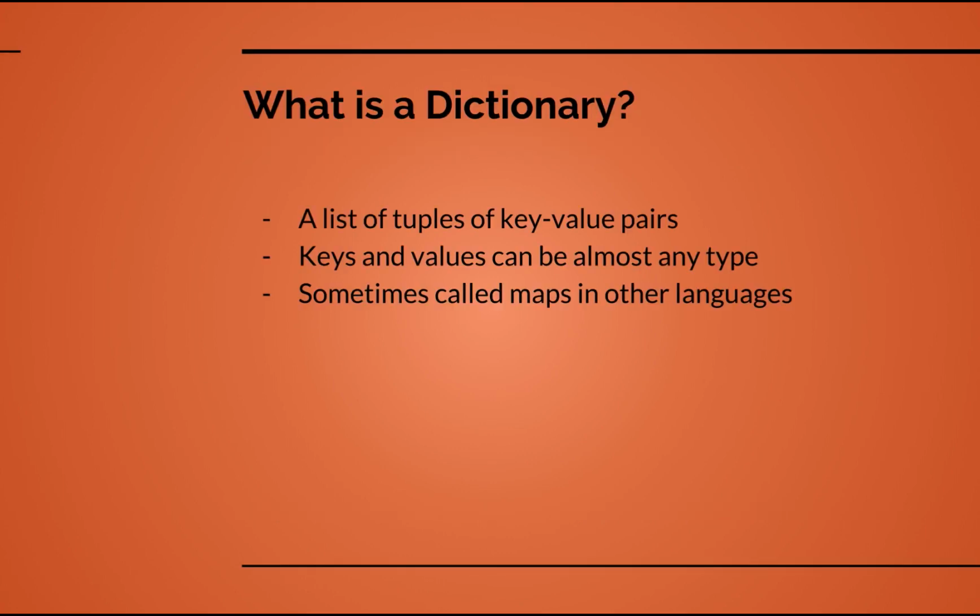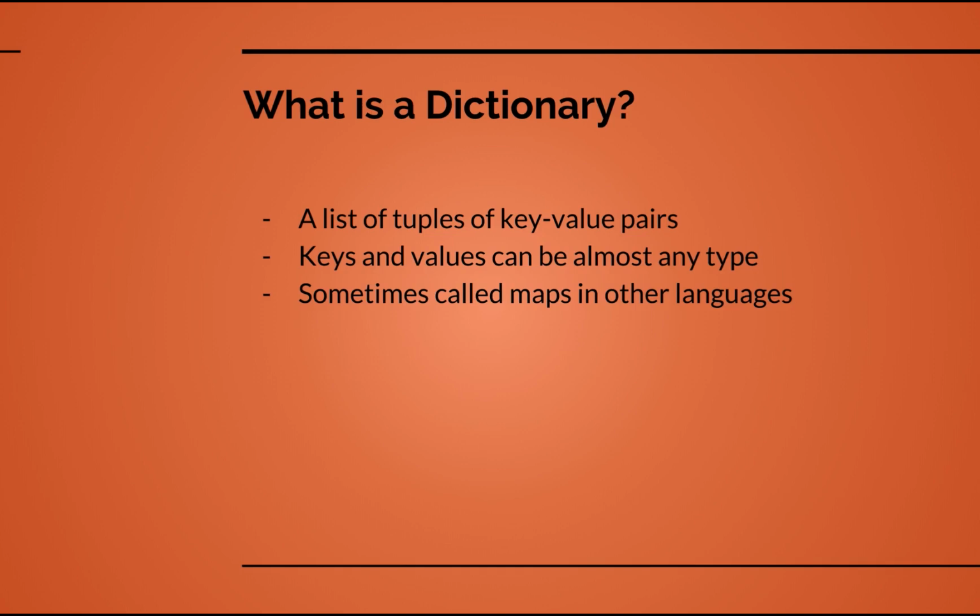So for starters, what is a dictionary from a programming point of view? A dictionary is not so different from a list that we've seen previously, but each of the list elements is replaced with a key value pair. So instead of just having one value at a specific index, like with a list, we actually have a value at a specific key in the dictionary.